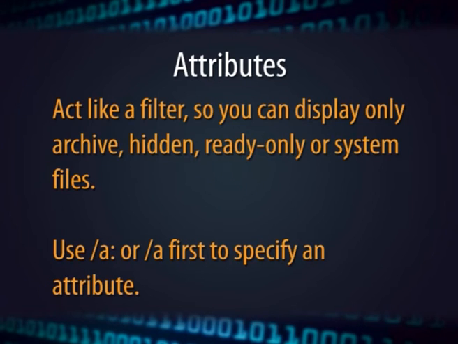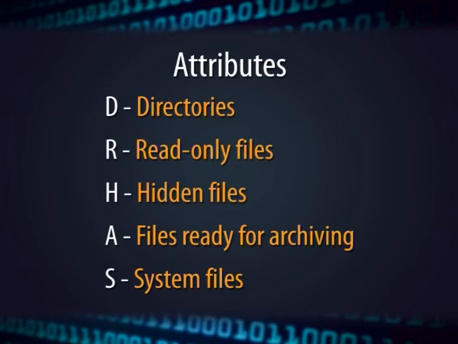Attributes act like a filter, so you can display only archive, hidden, read-only or system files. Use /a: or /a first to specify an attribute. D for directories, R for read-only files, H for hidden files, A for files ready for archiving, S for system files.